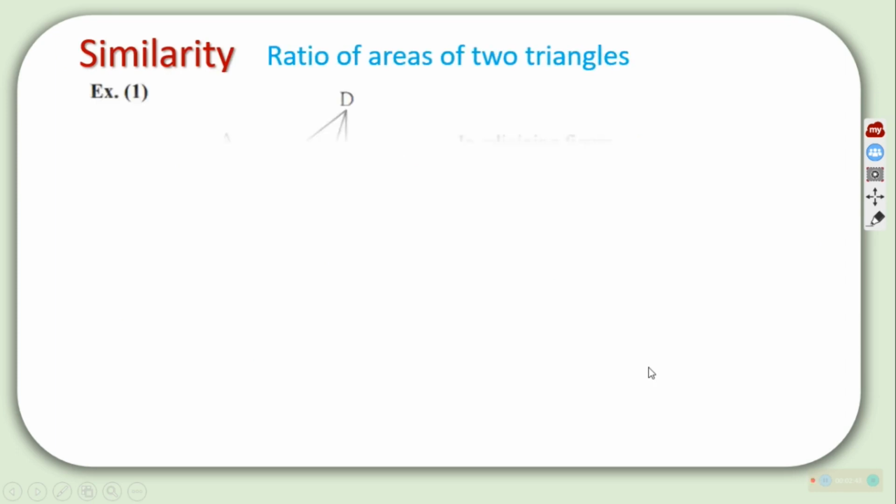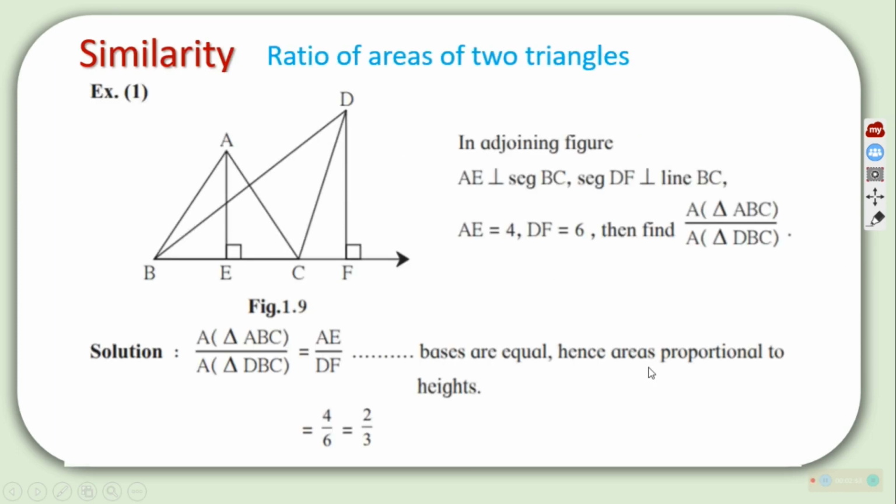Similarity chapter continues regarding ratio of two triangles. There are some examples given in your textbook. Examples will be application of what you have learned. It is given that in the adjoining figure we have AE perpendicular to BC and DF perpendicular to line BC. There are two heights given.